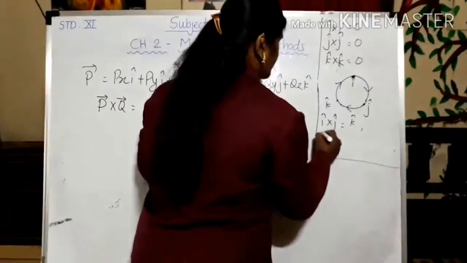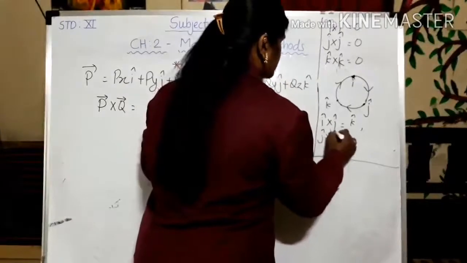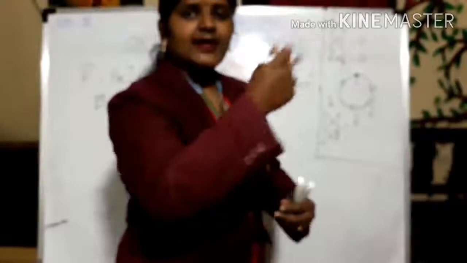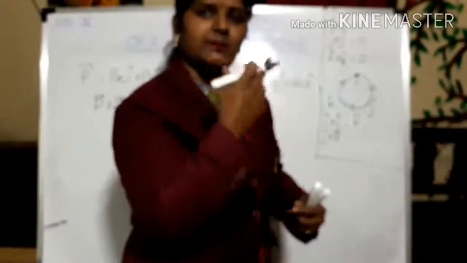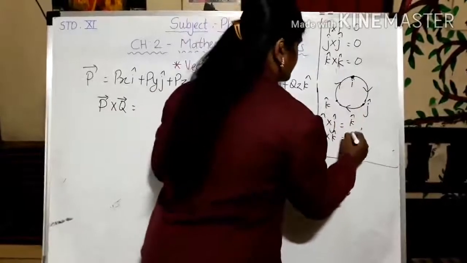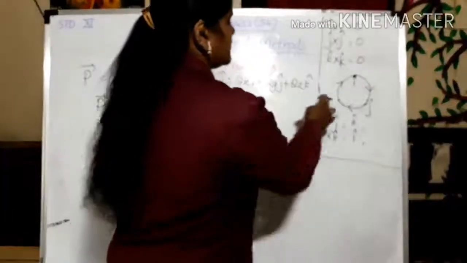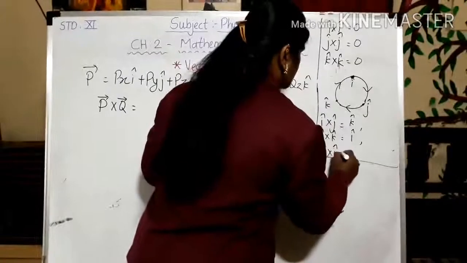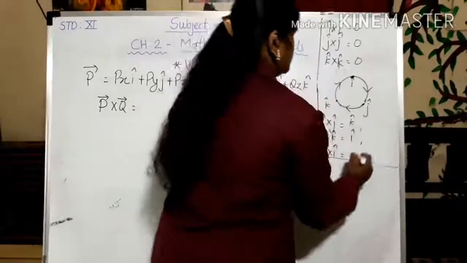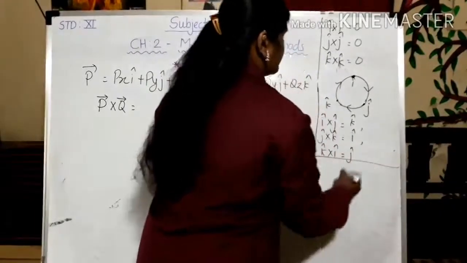Next, what will be j cross k? As it is moving clockwise, it will be the third vector with plus. So j cross k, what is the third? i. Next, k cross i. Moving in a clockwise sense, it will be the third one, so it will be j.